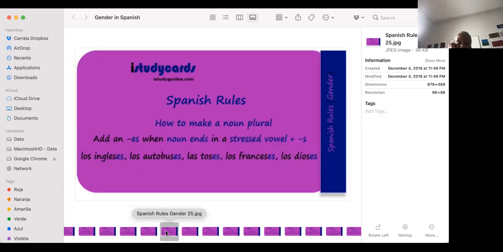You add ES when the noun ends in a stressed vowel plus an S. So you have inglés. You know what? That last E should have an accent on it. Sorry, everyone.